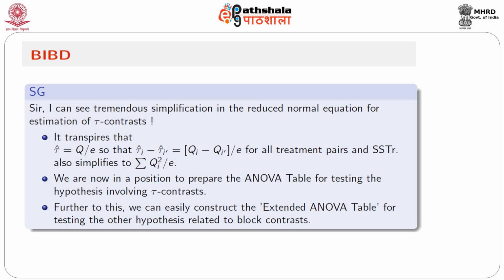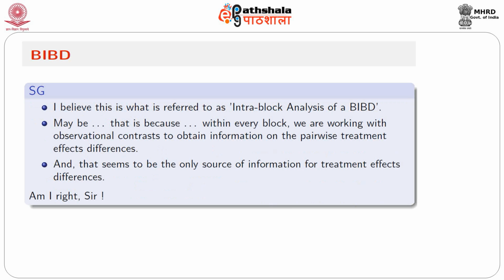We are now in a position to prepare the ANOVA table for testing the hypothesis involving tau contrast. Further to this, we can easily construct the extended ANOVA table for testing the other hypothesis related to block contrast.